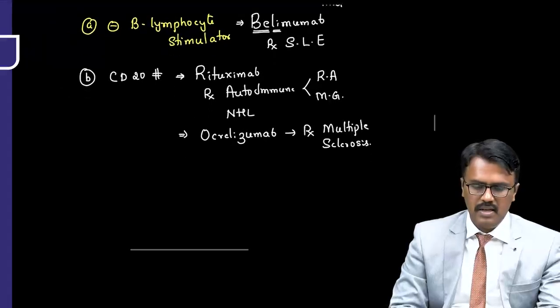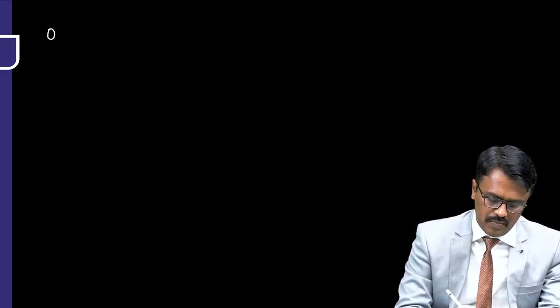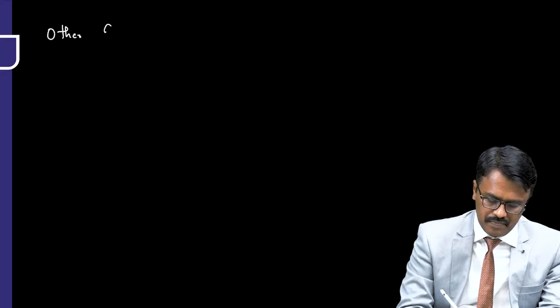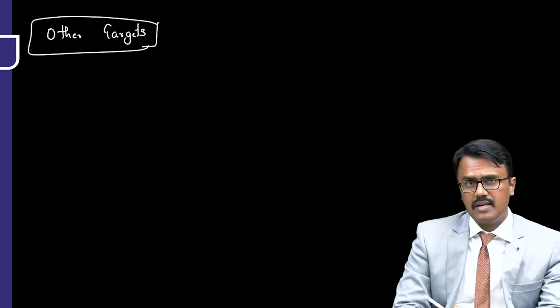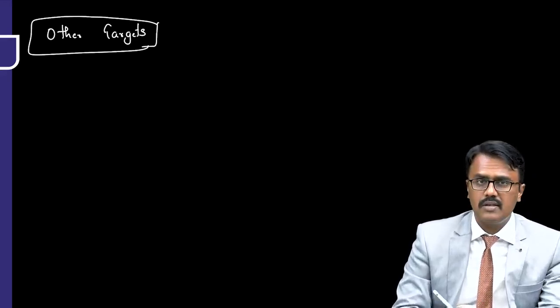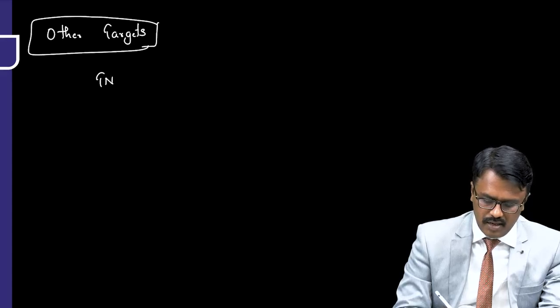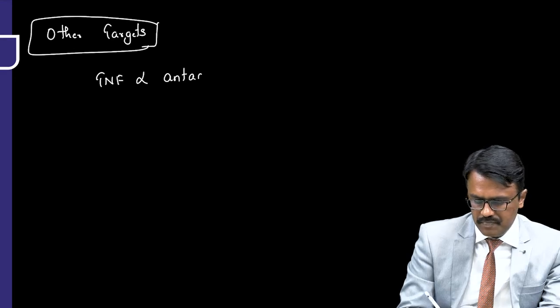So that is about the B lymphocyte. Now, what are the other targets to suppress immunity? You can block TNF alpha. So we have TNF alpha antagonists.